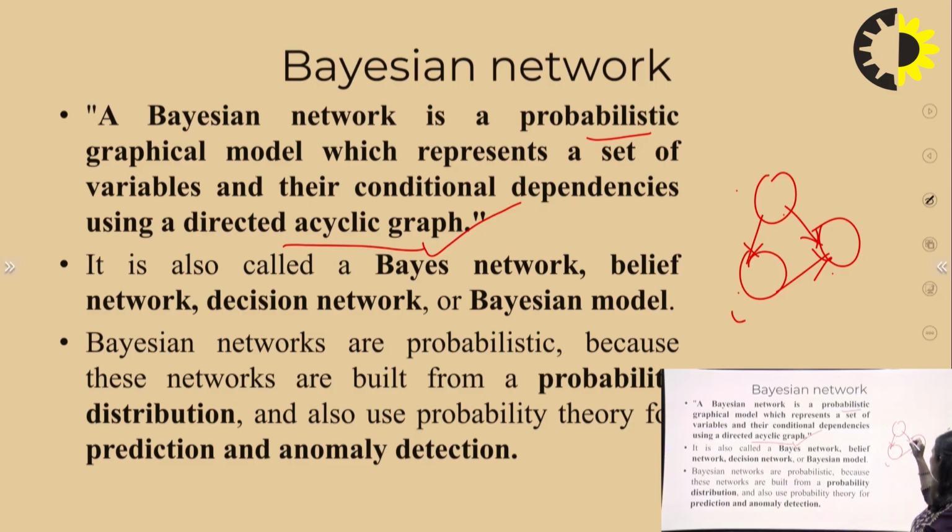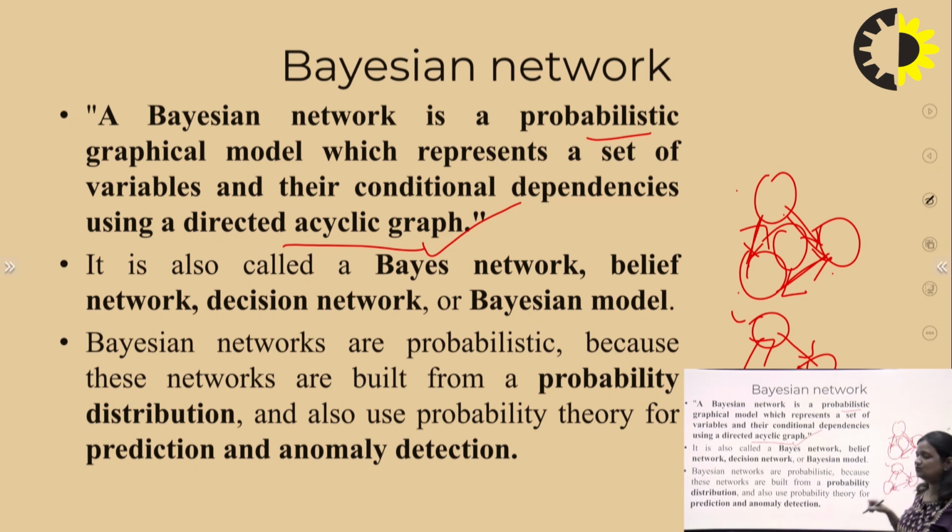If in this graph it would be like this, then they form a cycle. So this is not a directed acyclic graph. A graph that has no cycle is called a directed acyclic graph. So I think the definition of Bayesian network is clear to you.